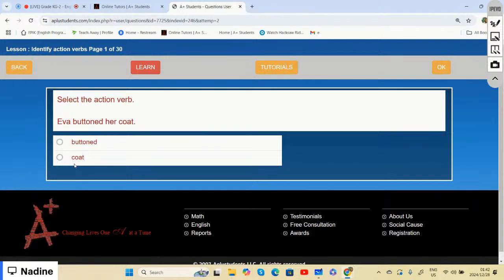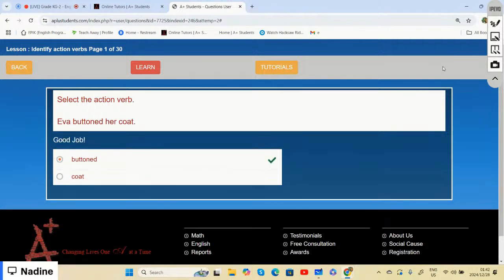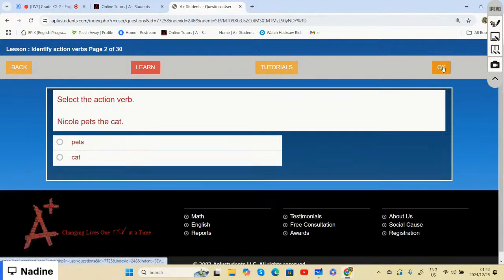Yes, and if you were to select the action verb, then Eva buttoned. Option one. It's something that she did, her coat. Well done. So buttoned is correct.